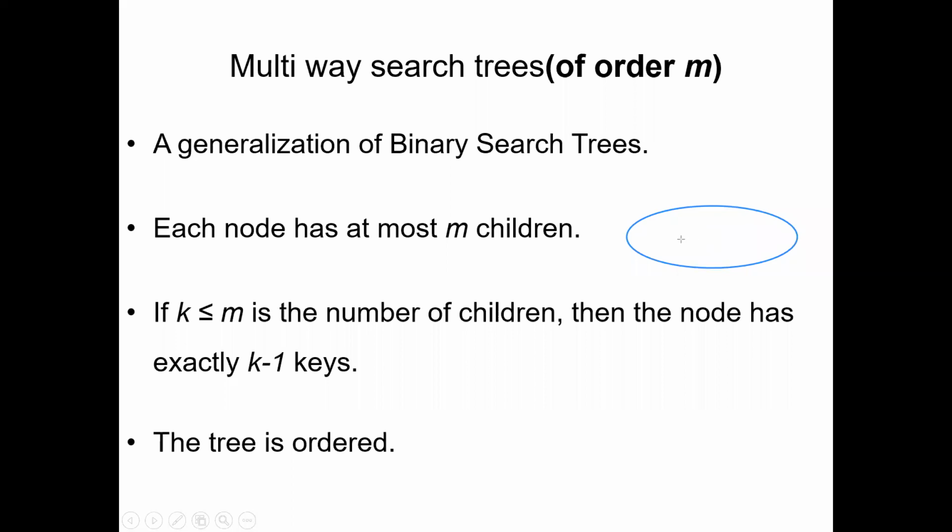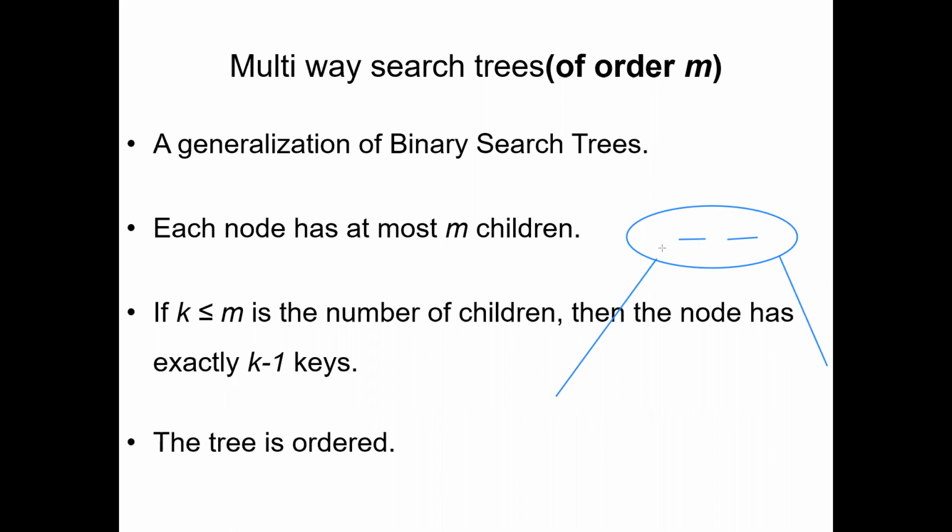So in a binary search tree, we have a single key, and with a single key we have 2 children, one on the left and one on the right. But if there is more than 1 key, for example 2 keys, we have 3 children. So children are always 1 plus the number of keys in a node.